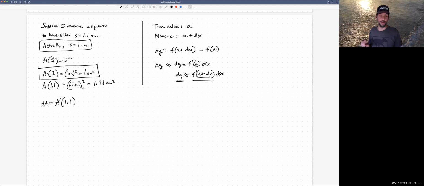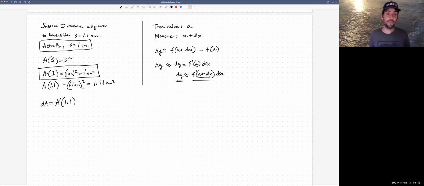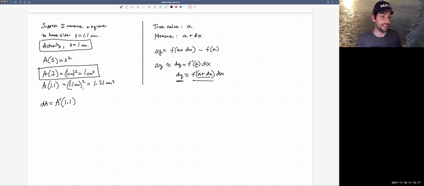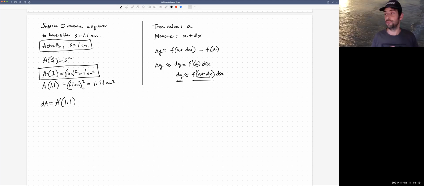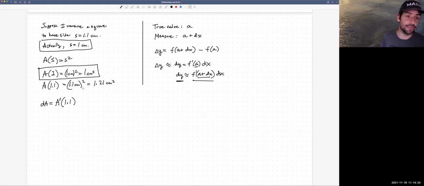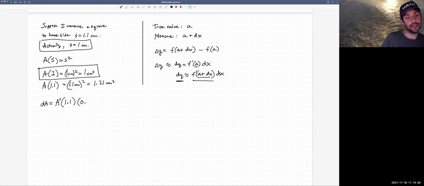Now, here's where this example gets tricky as well. How do we know how different it is? Well, let's just say our measurement device maybe has a known error. The machine that produced the rulers I have tells me that the measurements on it can be up to 1/10 of a centimeter off. So I can take that to be my dx.